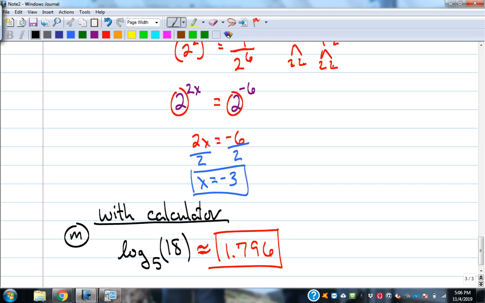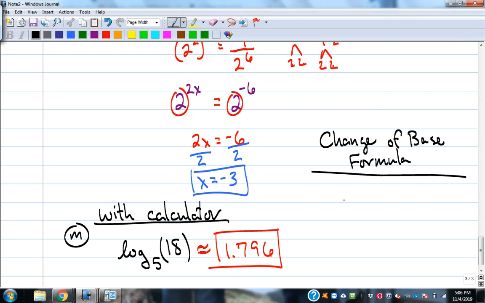If for some reason your graphing calculator spazzes out and won't do the log base thing, there's this thing called the change of base formula. The change of base formula allows you to take a logarithm of a different base using common logs.